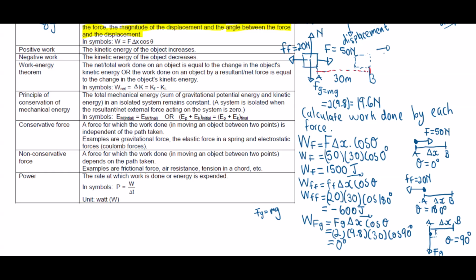And now it means that if the force is perpendicular to the displacement, like in the situation here, and also with the situation of the normal force, if you take its force times delta x cos theta, you will notice that the normal force is going upwards.